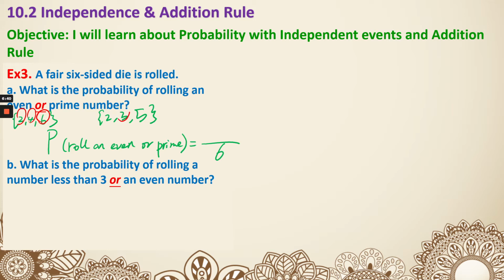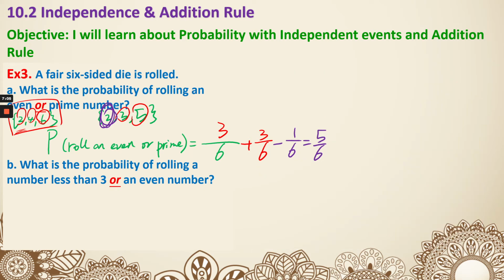And then we have prime, which would be these 2. We're not counting the 2 because we already counted it. So you can think of this as the first part, that's 3 over 6, the even. We're going to add the prime numbers, which is another 3 over 6. Then we are going to subtract this number that actually repeated. Minus 1 over 6 gives us 5 over 6.